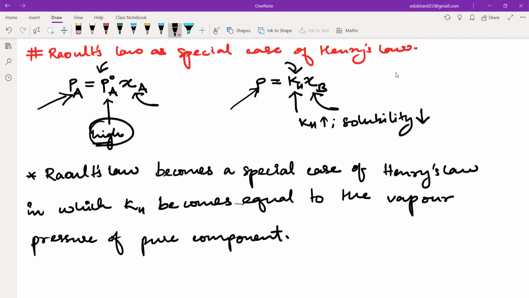So please write this down: Raoult's law as a special case of Henry's law. After this, we will discuss the most important topic of this lecture, that is ideal solution and non-ideal solution.